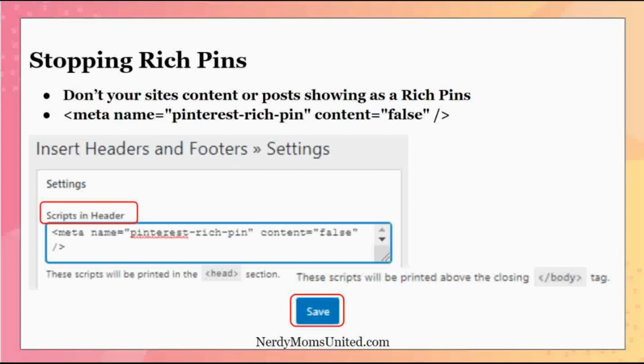And all you do is you take this code right here that I have in the second bullet, and you just add it right into the header script box of the Insert Headers and Footers plugin. You just paste it in there in the header section, and you scroll down and hit the save button. And then that way there's no more rich pins applied to your site anymore. That's it. It's pretty simple.